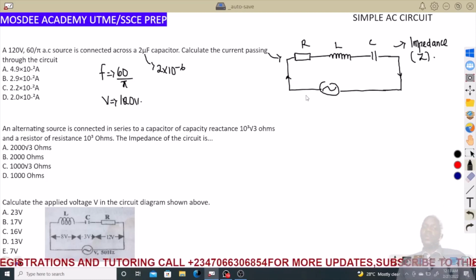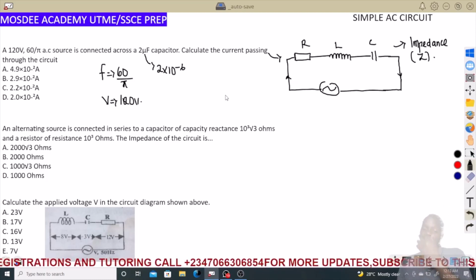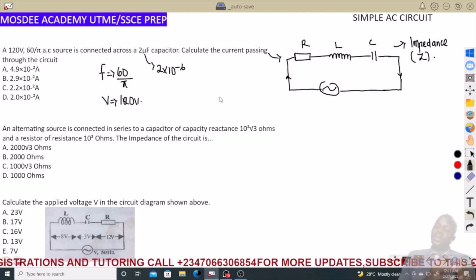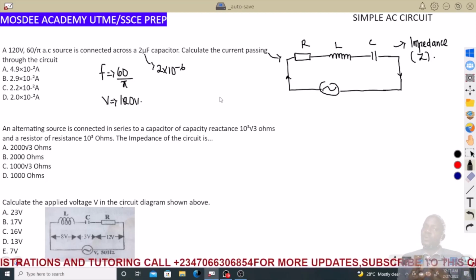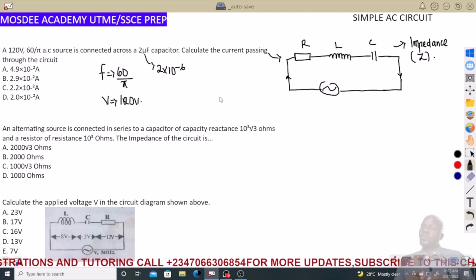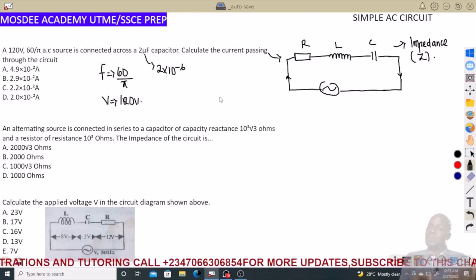Now, I talked about phasor analysis the other time, or the phasor diagram in an AC circuit. It is more like for those of you who understand vectors. I have videos on vectors you can watch, or more like complex numbers in mathematics.